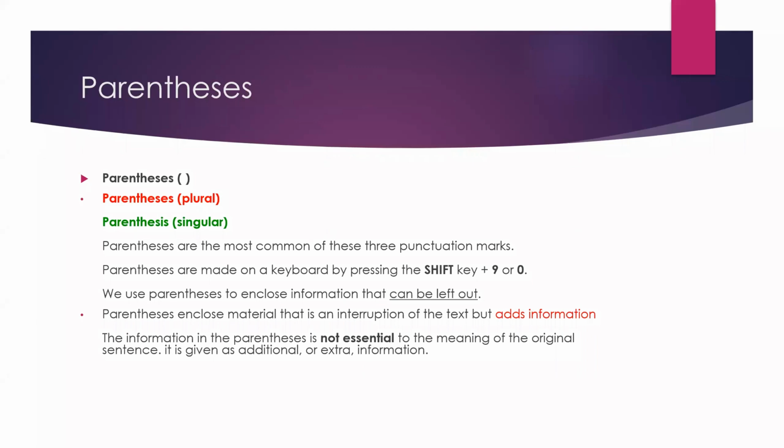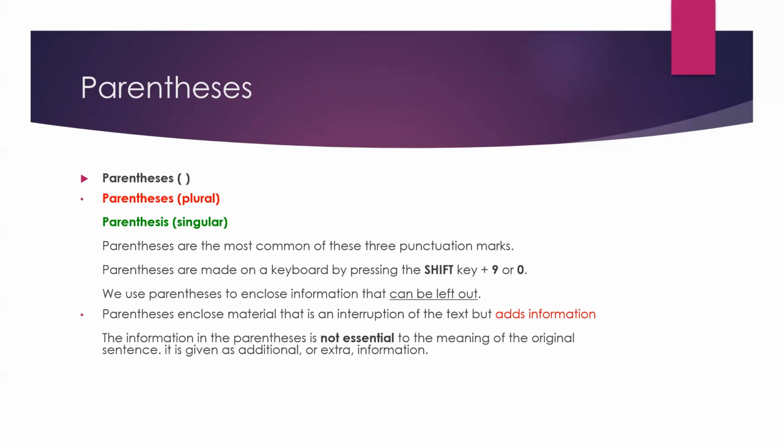But essentially, you are trying to add information that is not, let's say, crucial to the sentence. So the question that you would ask yourself is, if I leave this information out, will the sentence still be fine? Now, if the answer to the question is yes, then one can safely assume that this type of information, whatever it is, can be enclosed within parentheses.